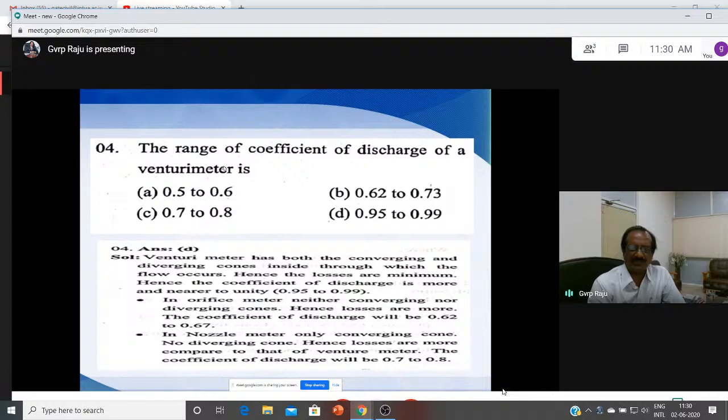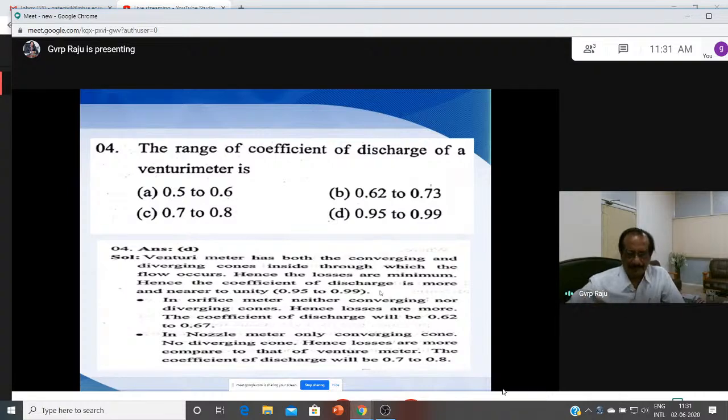So the coefficient of discharge for the Venturi meter is always 0.95, nearing 1. The losses are less, because the Venturi meter has both converging and diverging cones, and hence the losses are minimum, and the coefficient of discharge is almost near to 1. It is 0.95 to 0.99.